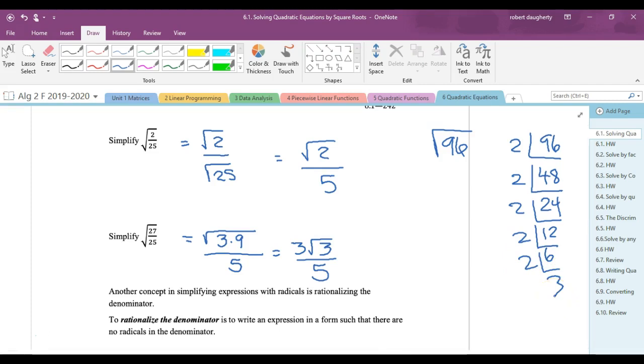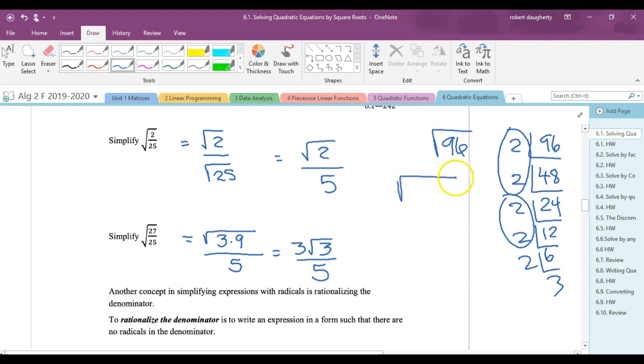So what is this number? This is 2 times 2 times 2 times 2 times 2. What is that? That's 32. Do I see anything that's a perfect square? So like if I group them like this, what is that? That's 4 times 4, right? Yeah, so 4 times 4 times 2 times 3.